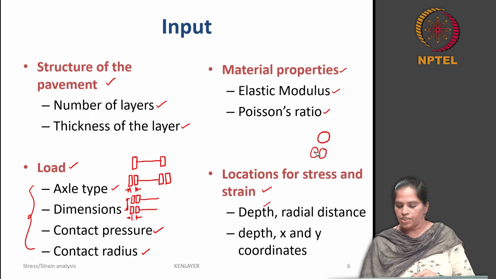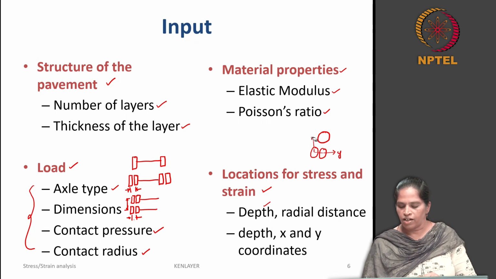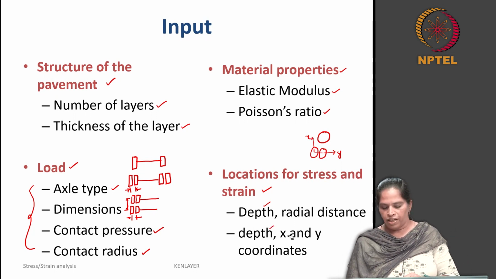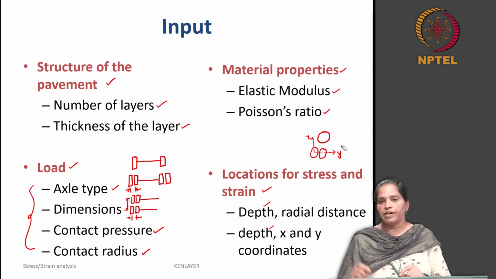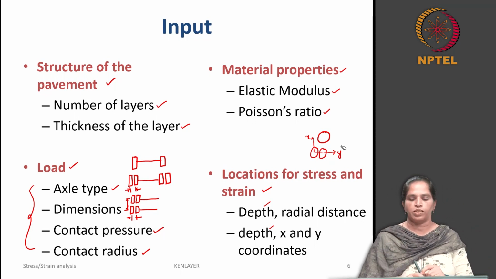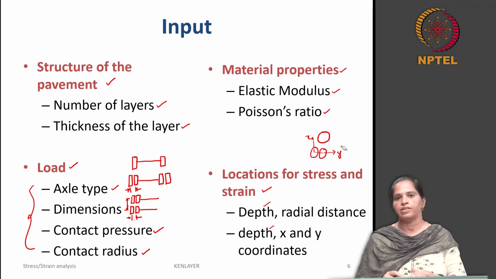In such a case, you need x coordinate and y coordinate. This direction is y and this direction is x. So in addition to depth, you can define x and y coordinates to tell what locations you need to determine stresses and strains. So these are the 4 groups of input we need to give in a software to determine stresses and strains.